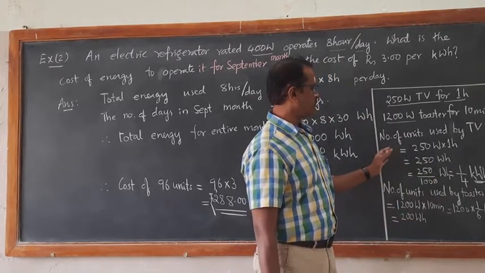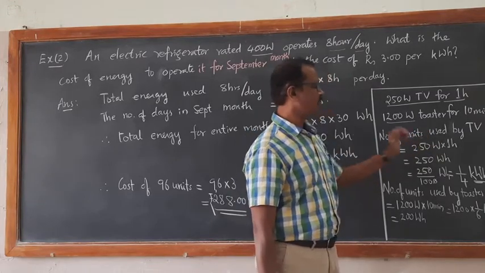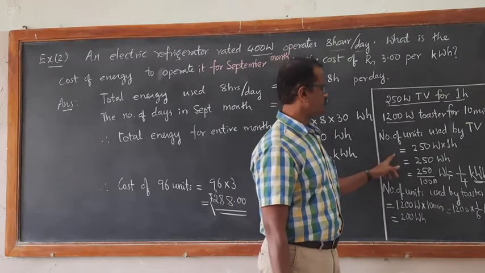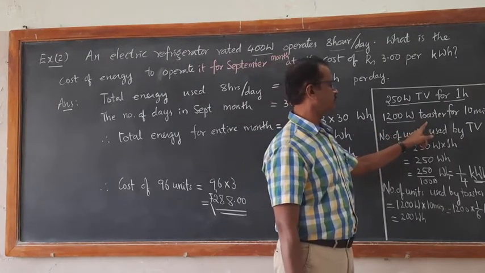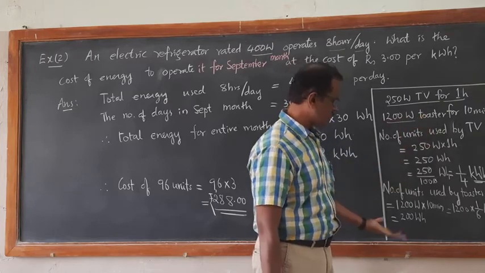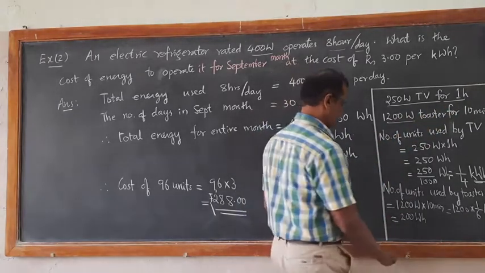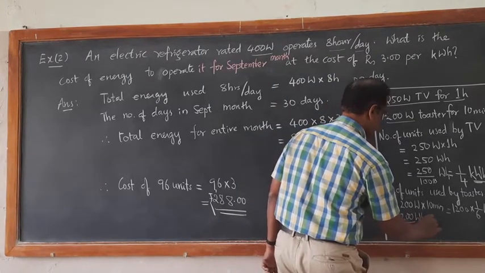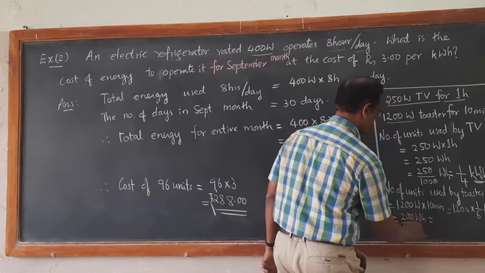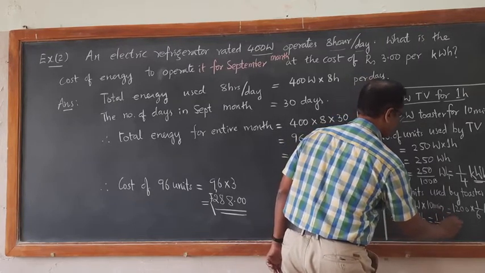Therefore the TV consumes more energy, used for 1 hour, rather than the 1200 watt toaster which consumes less because it is used only for 10 minutes. This can again be divided by 1000. So it becomes 1/5 of a kilowatt hour.